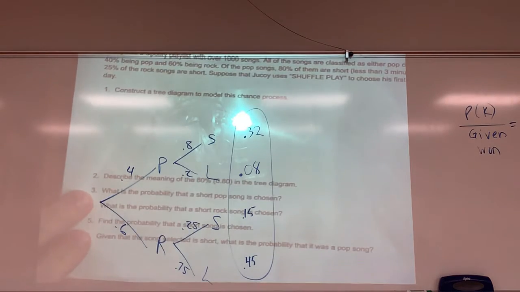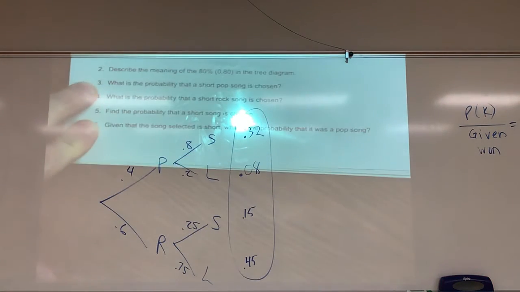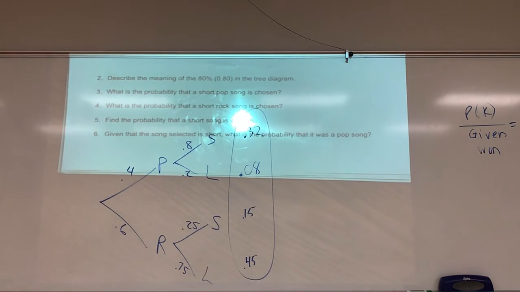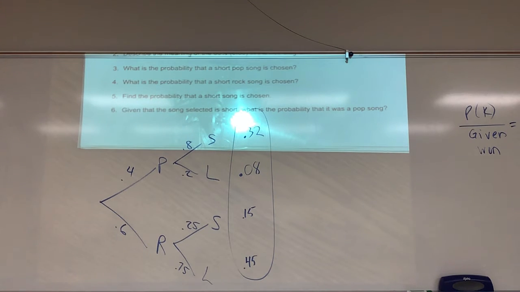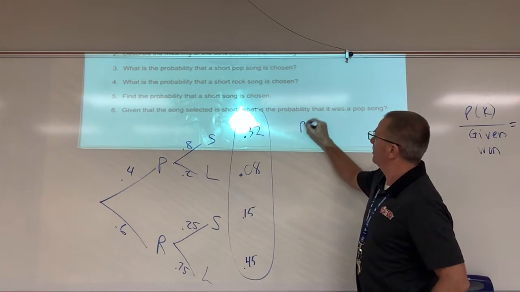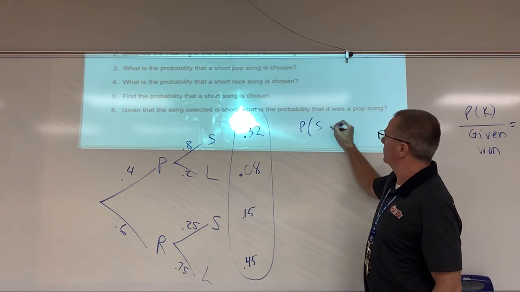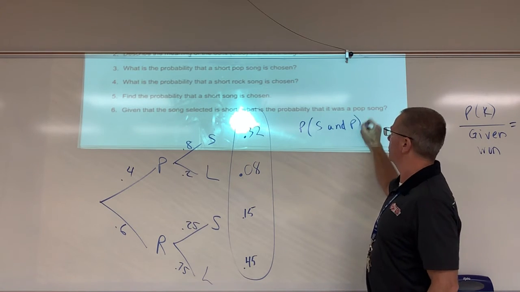No, let's just go to number 3. What is the probability that a short pop song is chosen? Short pop song. So what that's saying is this right here. The probability that you have a short and it's a pop song.